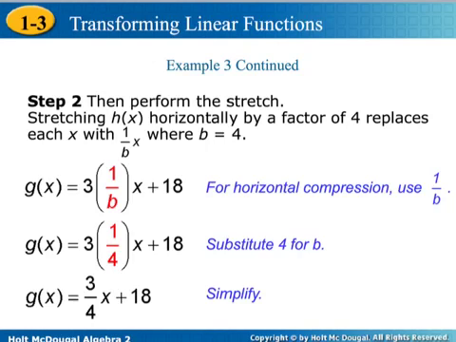And so if you look at the original shape, we've got x, 3x goes right here, up 3 over 1. Okay, well now we've got 3/4 x plus 18, and so it's going to look more like something like that, way up at the top. Okay.